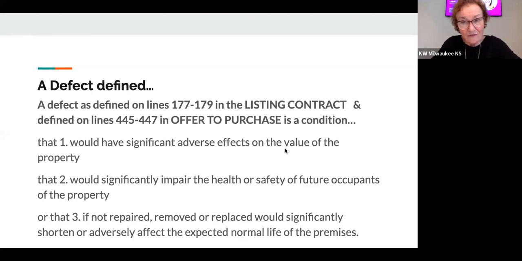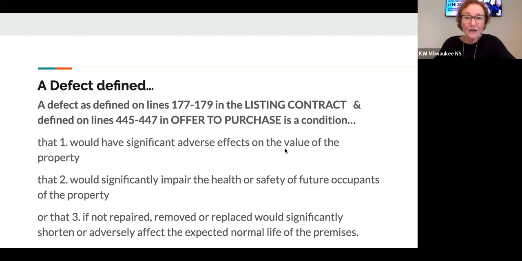A defect is defined as, and I think this is some of the root of the problem when we're dealing with defects, because this couldn't be any grayer or more lawyer-interpreted than the way that they have defined a defect.